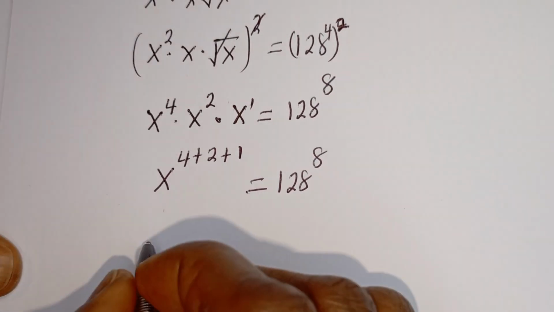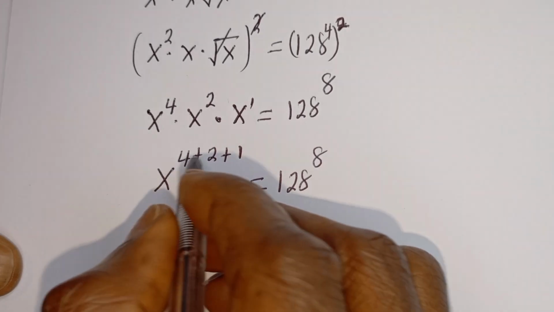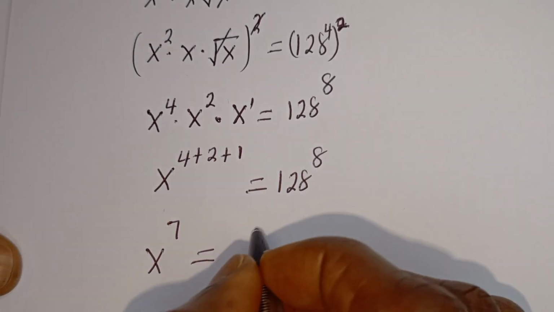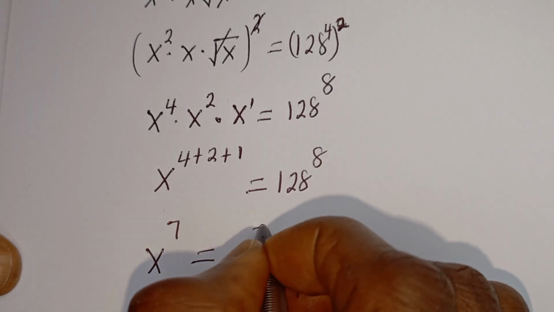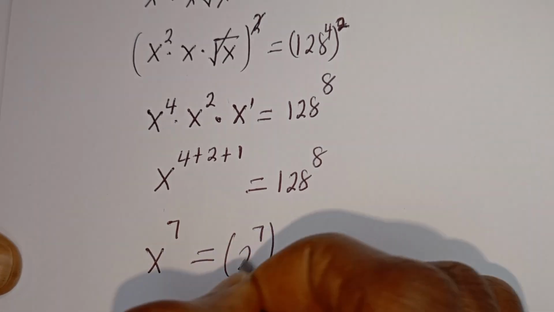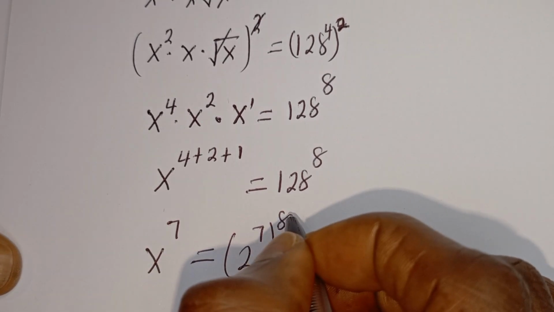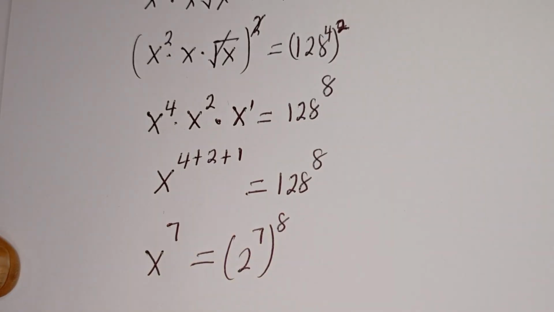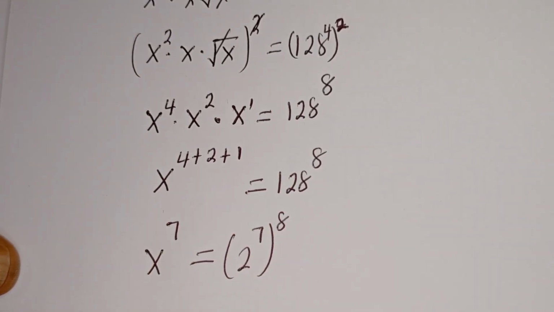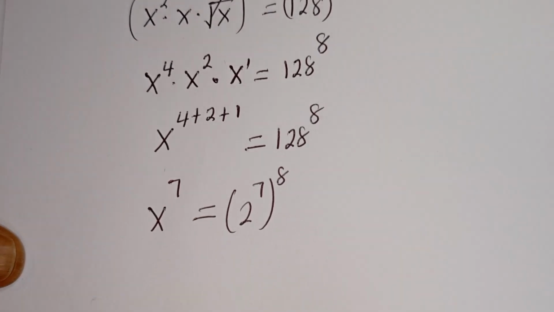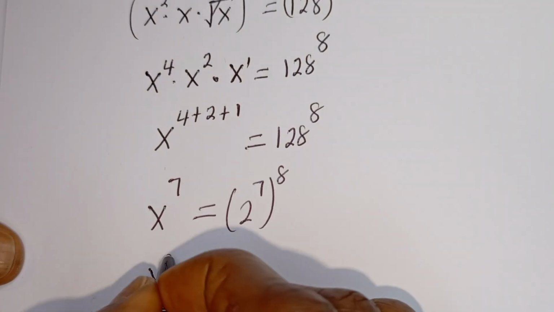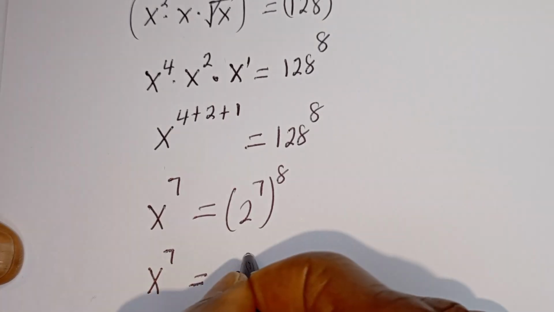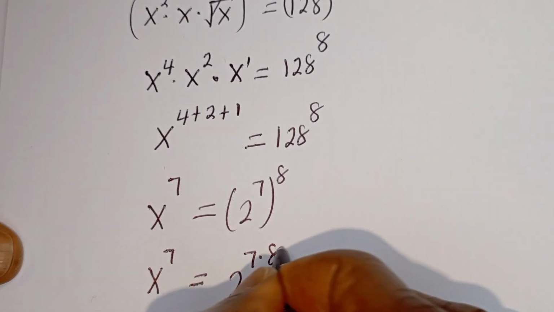And here we have s to the power of 4 plus 2 plus 1, that is 7, is equal to 128. 128 can be written as 2 to the power of 7, to the power of 8. Then here we have s to the power of 7 is equal to, this can be written as 2 to the power of 7 multiplied by 8.